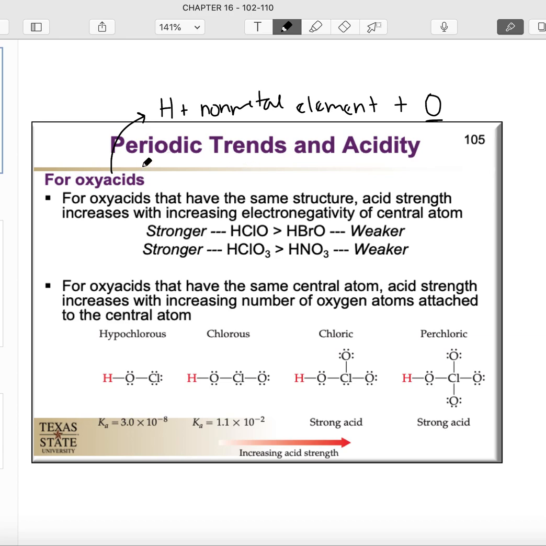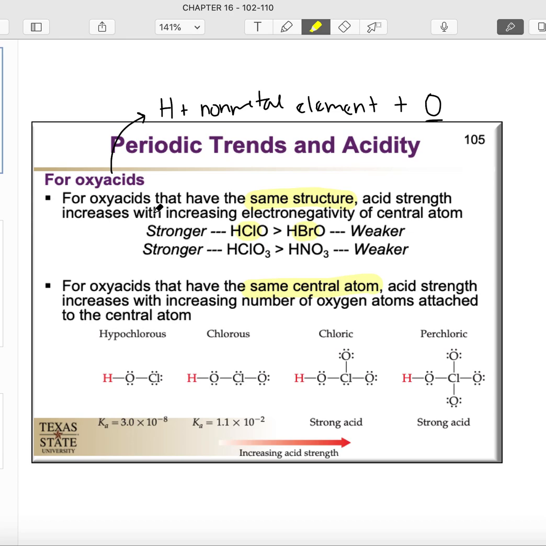Okay, so the rules for oxyacids will depend on whether the acids have the same structure or whether they have the same central atom. When I say oxyacids that have the same structure, what I'm talking about is acids that have the same number of hydrogens and the same number of oxygens. So the only thing that they differ on is that central atom, like for example here, chlorine versus bromine.